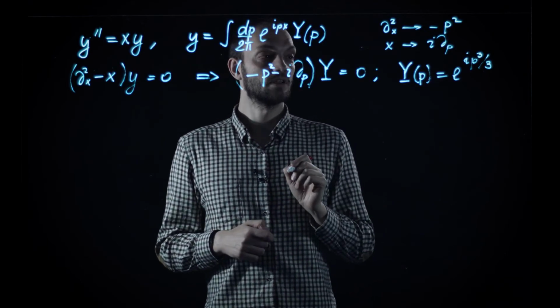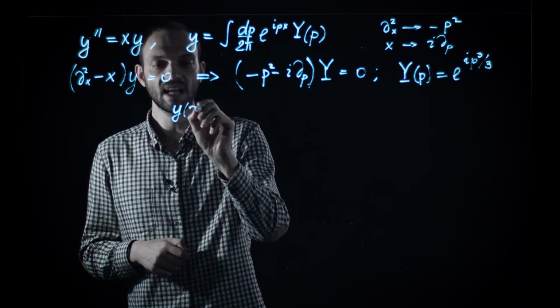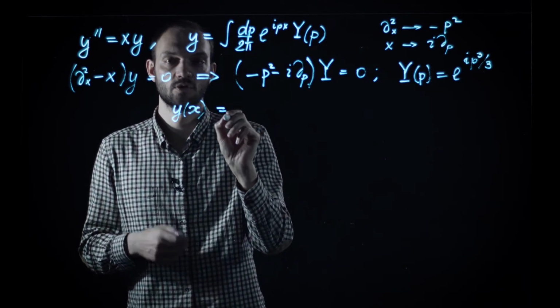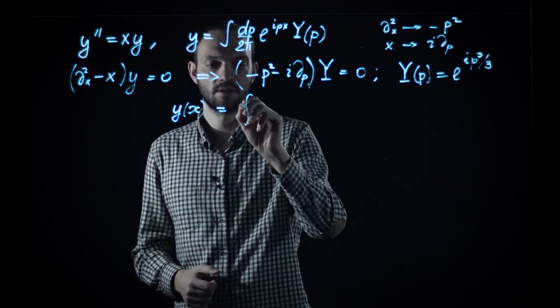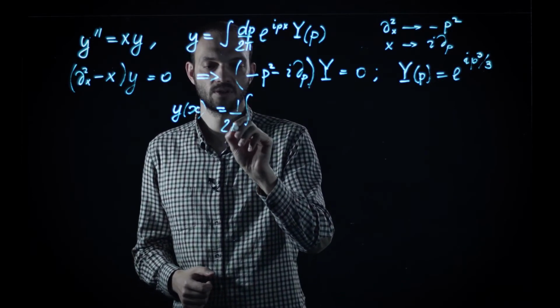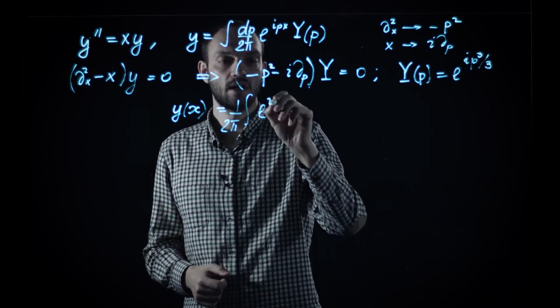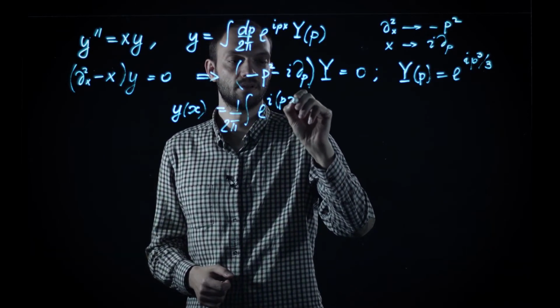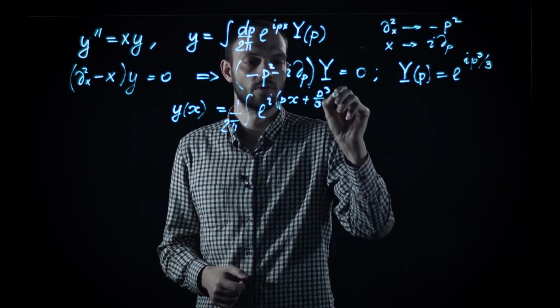So with this in mind, we can write an expression for obviously only one particular solution of this equation, but nevertheless it can be quite useful. So it's 1 over 2 pi for normalization and exponent of i times (p x plus p cubed over 3).